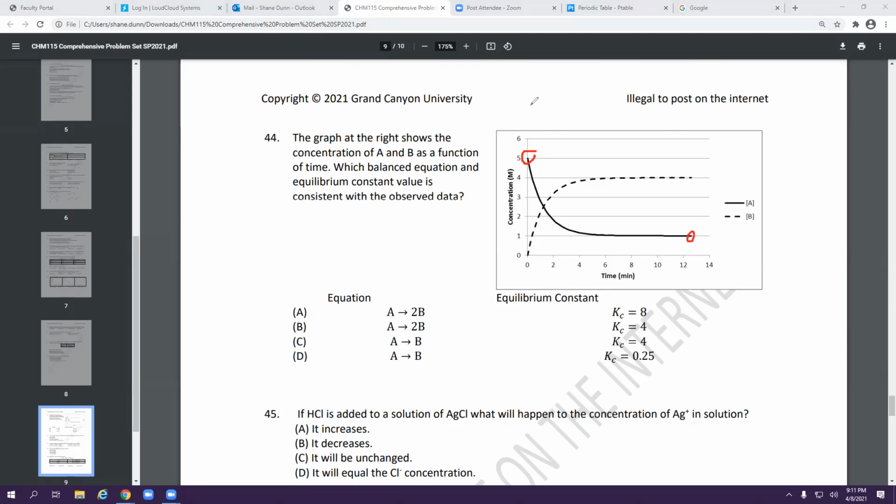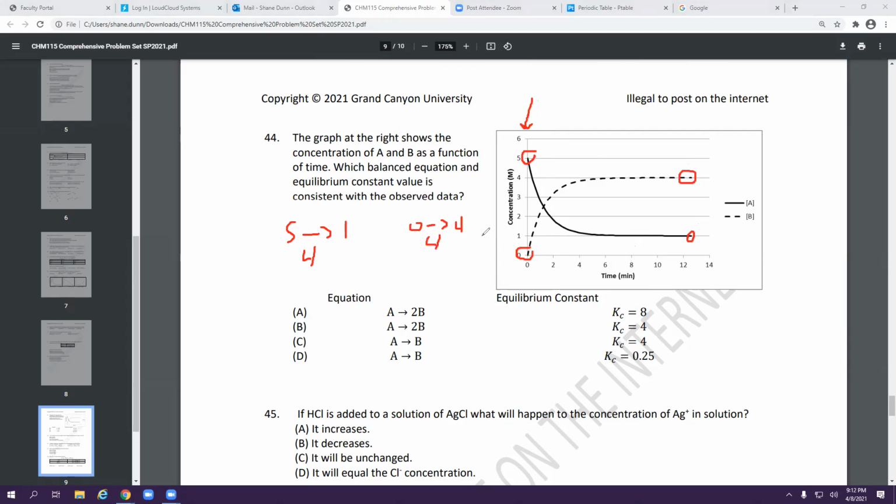No, look at this axis. So I went from 5 to 1, right? So I lost about 4. I went from 0 to what? So I went from 0 to 4, which is a change of 4.